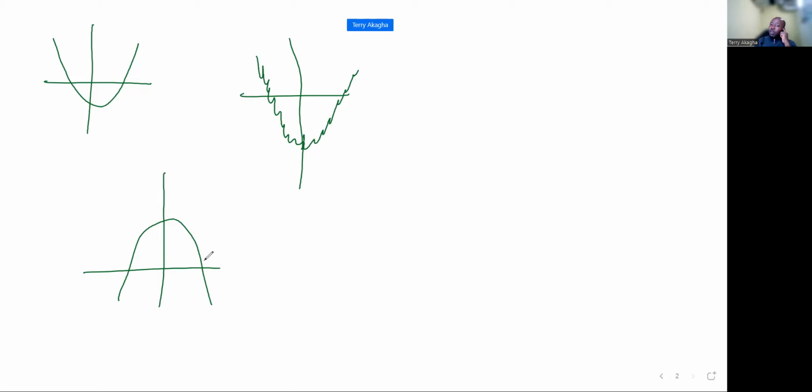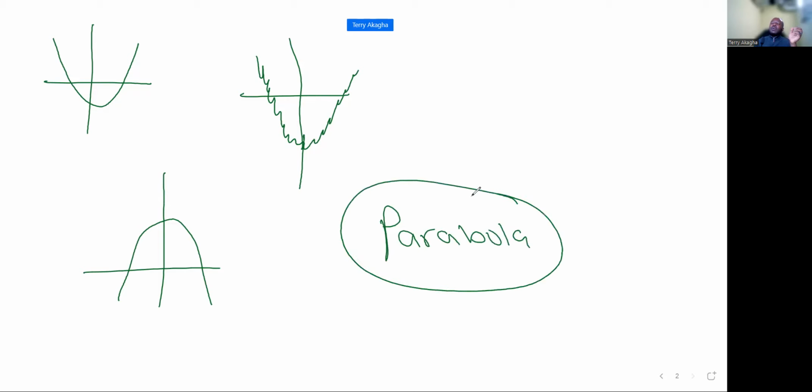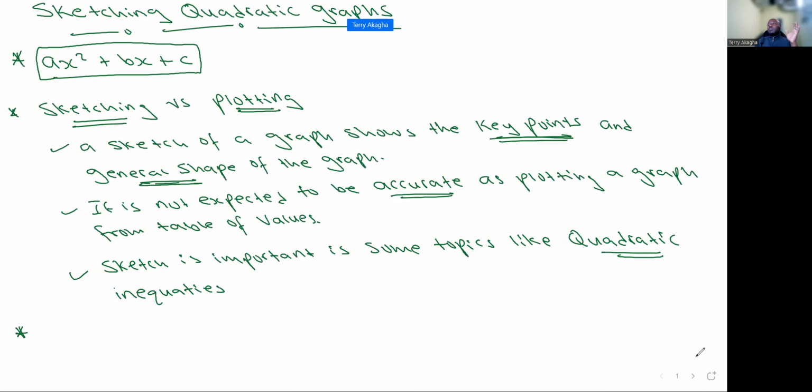You also know that a quadratic function, sometimes we refer to it as a parabola. Sometimes you might be checking some textbook and they'll be referring to it as a parabola. It's exactly the same thing. So sketching helps you with the key points and the general shape, and it's not as accurate as plotting from a table of values.